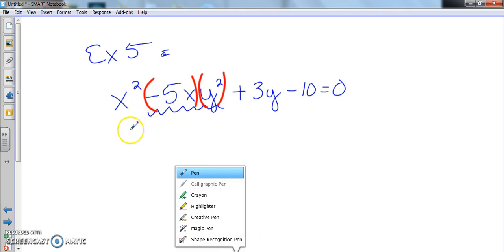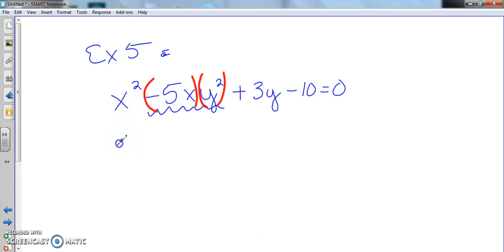Okay, so here we go. Derivative of x squared is 2x. Now we're going to take the derivative of 5xy squared. Here's the product rule, first and second. So the derivative of the first is negative 5 times the second. Notice I am not taking the derivative of y, so therefore I'm not going to have a dy/dx.